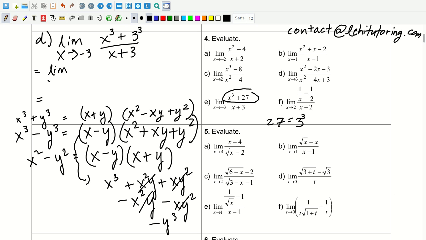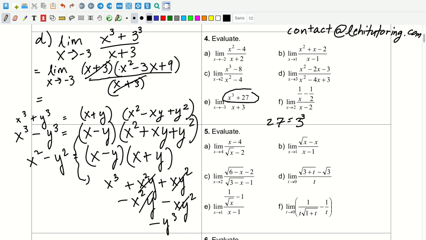So I go limit as x approaches negative 3, x plus 3, okay? This becomes x squared minus 3x. And again, make sure you double check this using my little rule. Oops. I'm still getting used to this tablet. And I still get x plus 3 in the bottom, okay? These guys cancel, very nice.